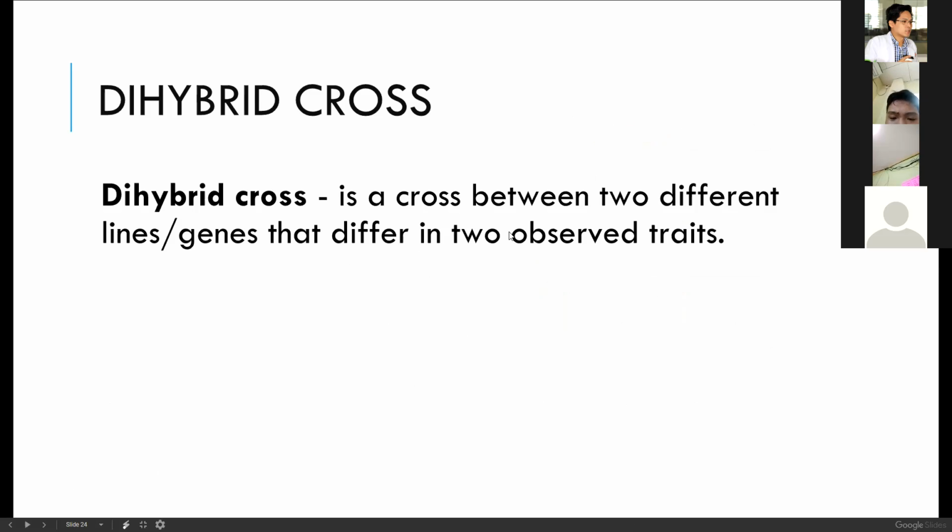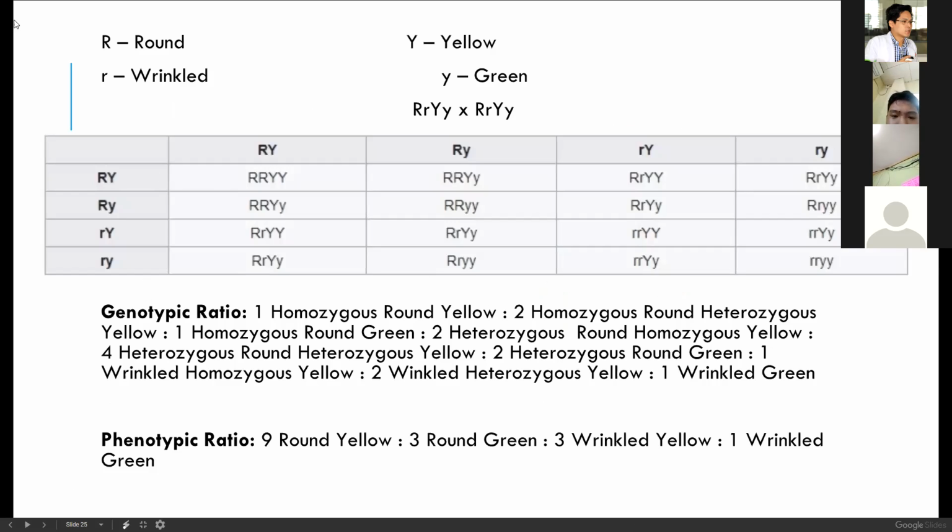You are now crossing two alleles or genes in a particular organism. Like for example, this one. We are crossing round and wrinkled, and yellow and green. These are the alleles, two different alleles.